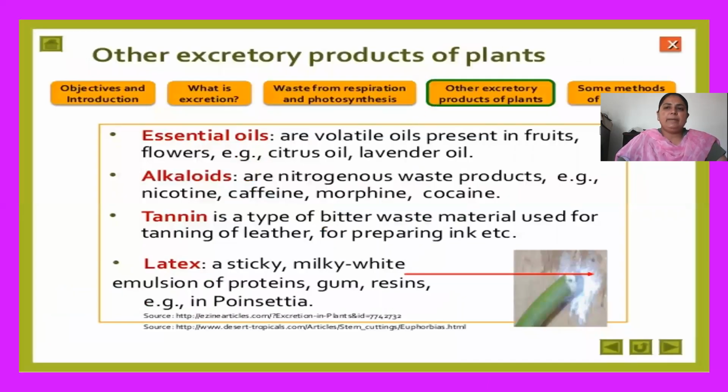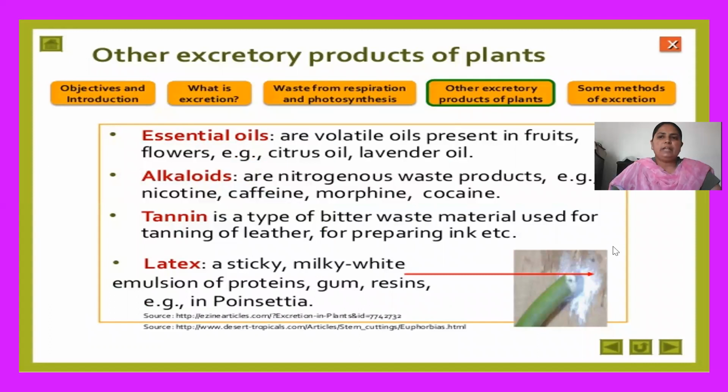Yes, children, here I am going to show you the other types of excretory products which are generally excreted by plants. These may be essential oils, which are generally volatile, that means they can easily convert into vapors.